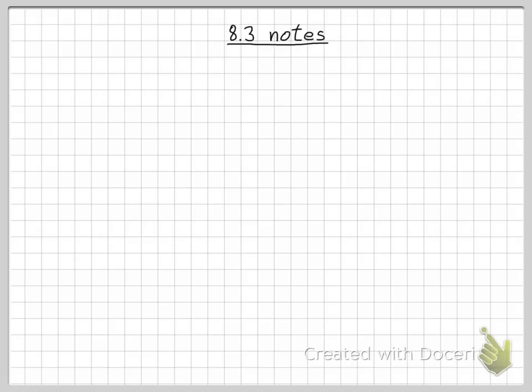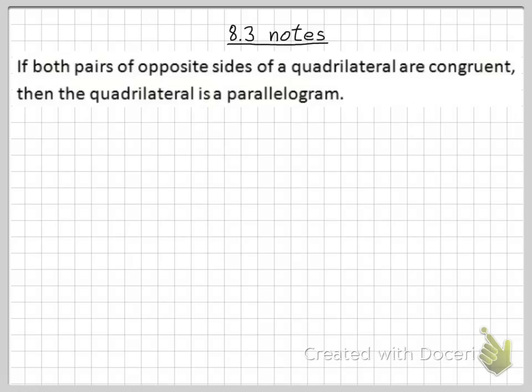So in other words, before we had theorems that said if a quadrilateral is a parallelogram, then both pairs of opposite sides are congruent, right? Well, today we're going to do the converse of that. We're going to say if both pairs of opposite sides of a quadrilateral are congruent, then the quadrilateral must be a parallelogram.